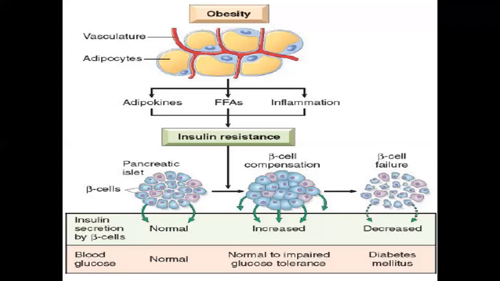However, in insulin resistance, your beta cells have defective or mutated receptors for insulin, such that they become resistant to the effects of insulin.